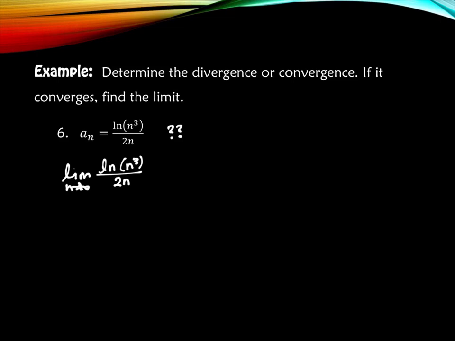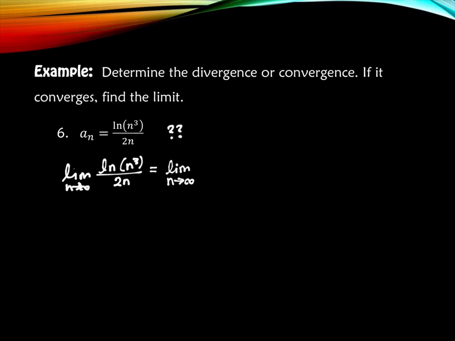Does it give you infinity over infinity or 0 over 0? Yeah, it would give us infinity over infinity on this one. So L'Hopital's rule applies. So this will equal the limit as n goes to infinity of the derivative. However, I think probably before we do that, it might be helpful.